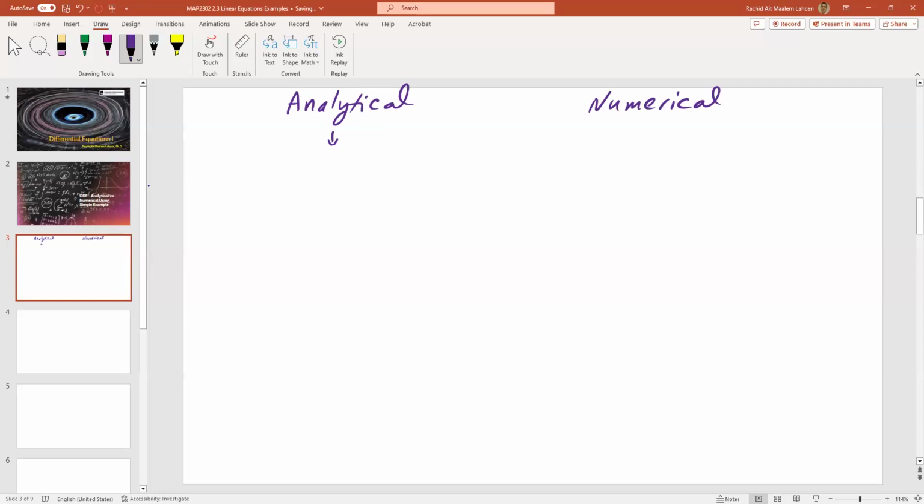And let's say, of course, ODE1 at the beginning, differential equations that are first order, and let's say linear, separable, and let's say exact, for example.